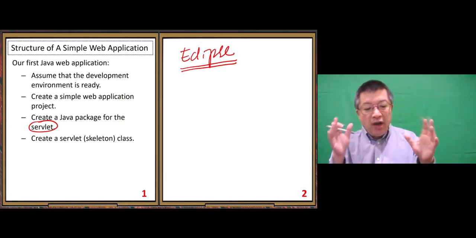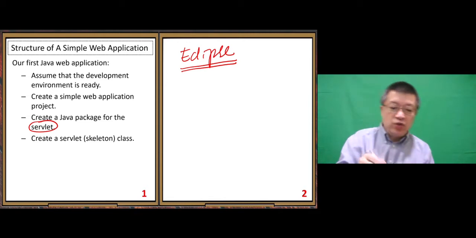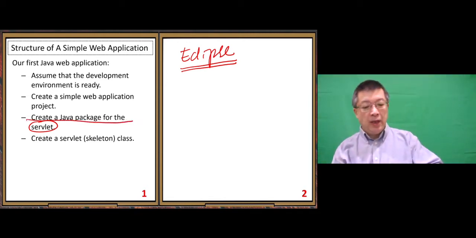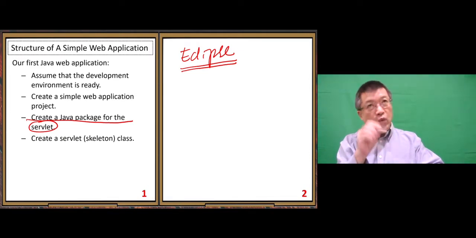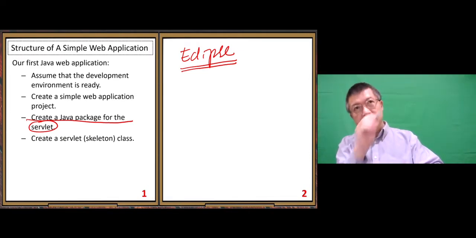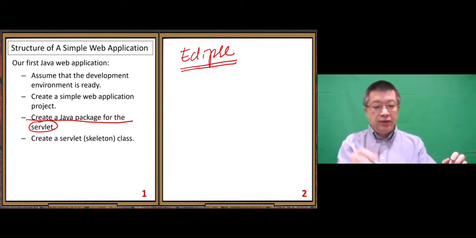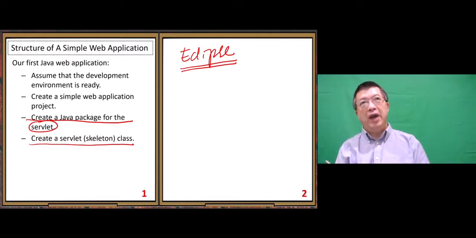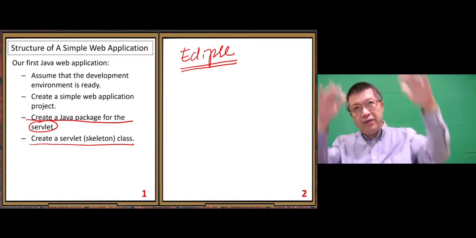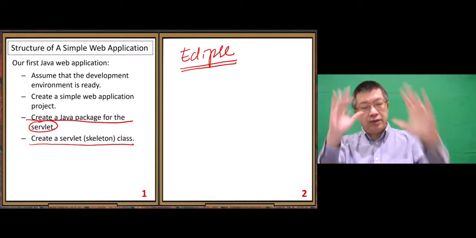In order to develop our first servlet, first we need to create a Java package for it. Then we use the built-in wizard inside the IDE to generate a servlet skeleton class. Then we will write code inside that skeleton class.